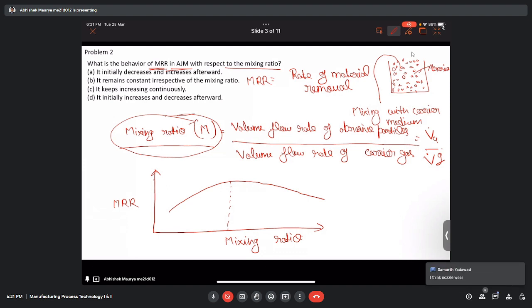Okay, nozzle wear. Suppose we have a very strong nozzle, a very hard nozzle, which is very difficult to wear off. Then also this kind of behavior will take place. Still, this kind of curve we will get.